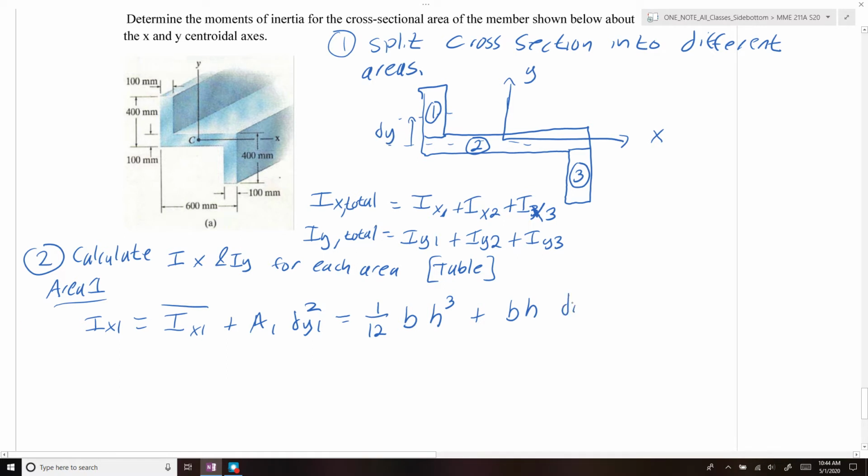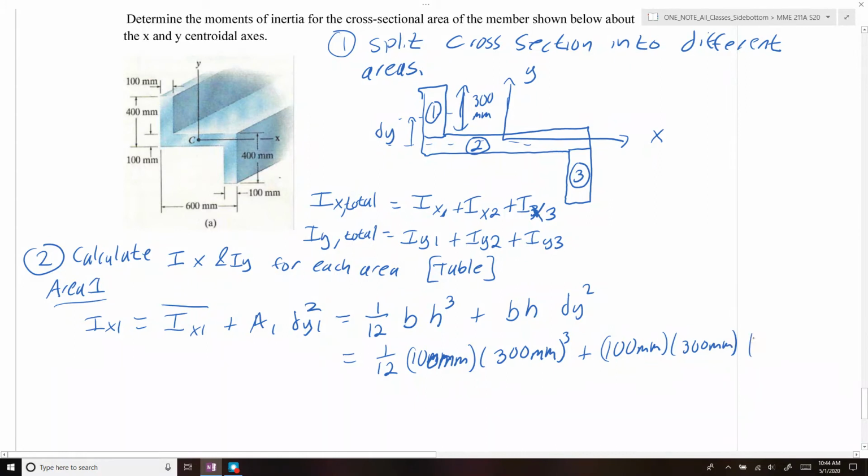Alright, so if we plug in all of those terms, our base of a rectangle is just equal to 100 millimeters. The height of our rectangle is equal to 400 millimeters minus 100 millimeters, or 300 millimeters, cubed. I'm just getting these from the diagram on the top left of the screen. And then the base again is going to be 100 millimeters times the height, which is 300 millimeters.